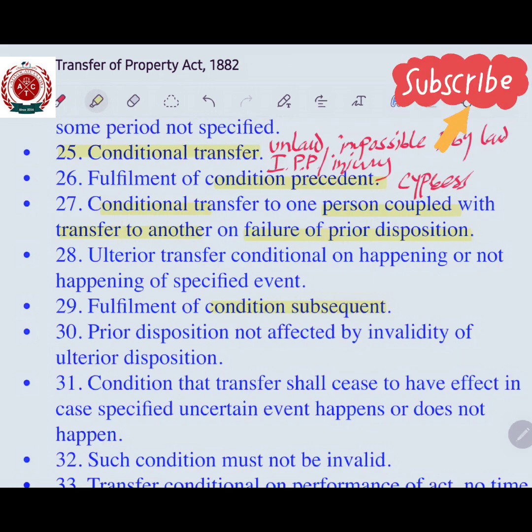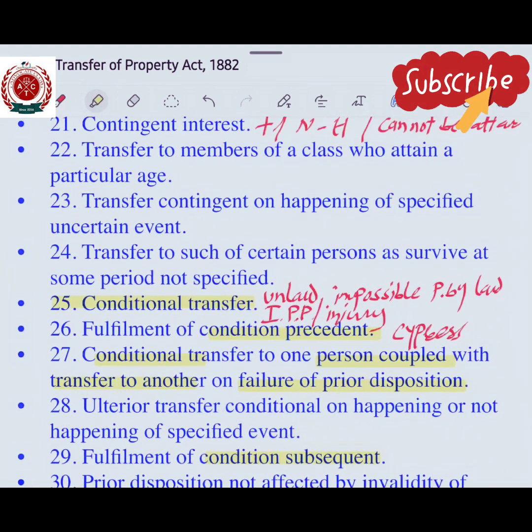It means the prior disposition does not affect the transfer. Next important one is about property not being ownerless. So it deals with section 23, transfer contingent on happening of a specific uncertain event. Why? Because the specific purpose of section 23 is that property should not be ownerless.